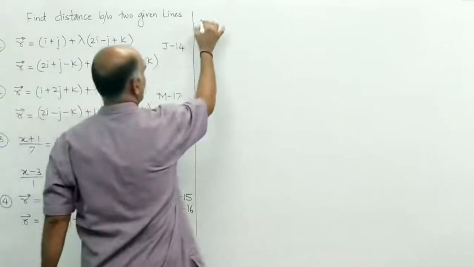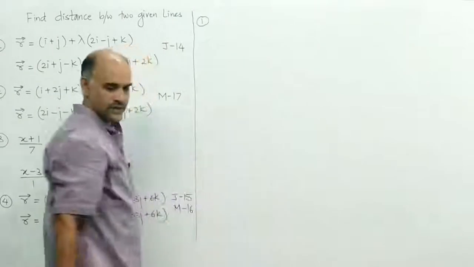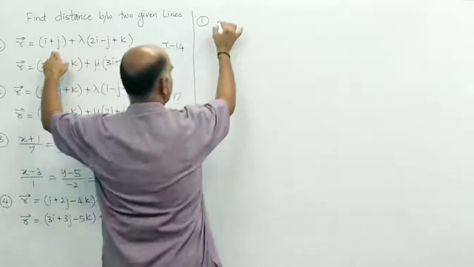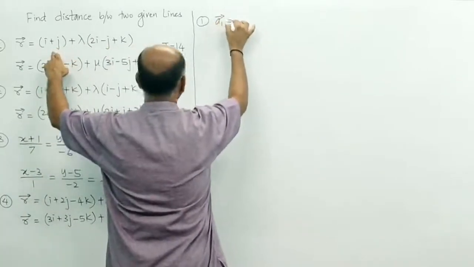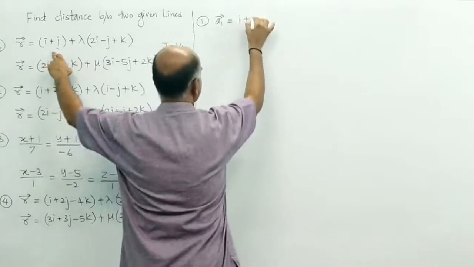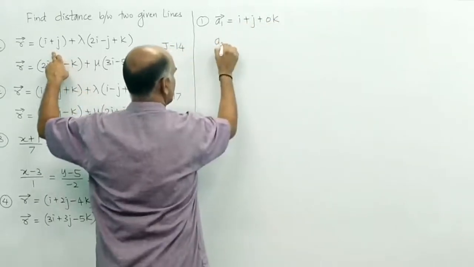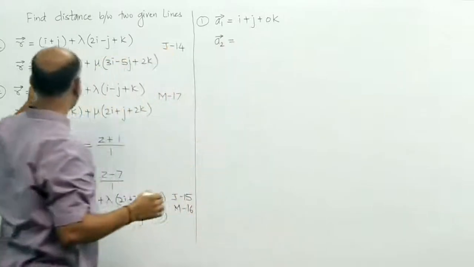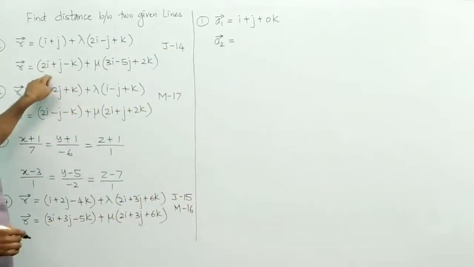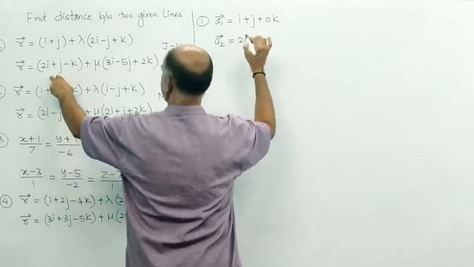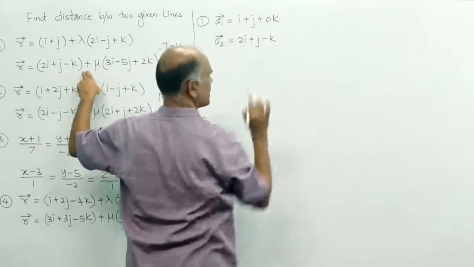For the first one, the solution: this term, I plus j, is a1. So a1 is equal to I plus j plus 0k. a2 is equal to that of the second line, 2I plus j minus k.